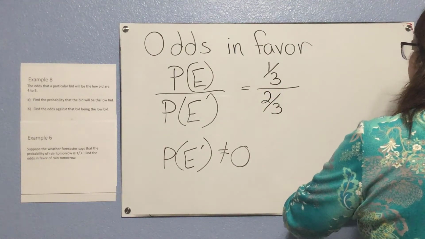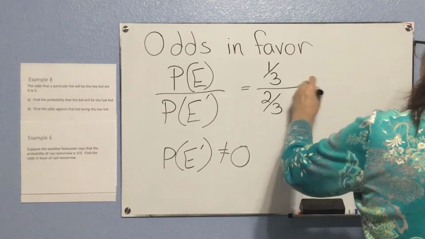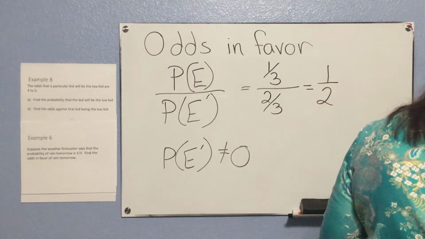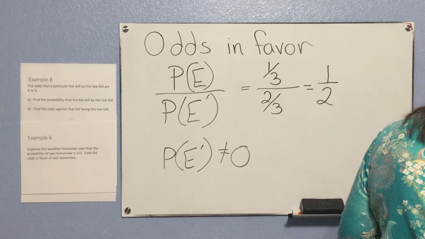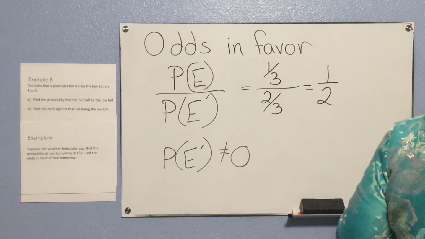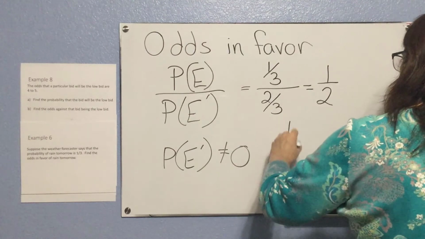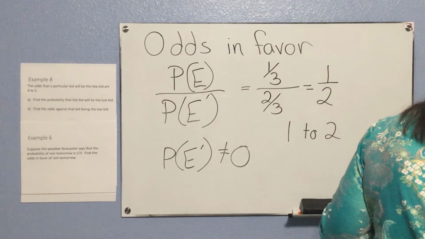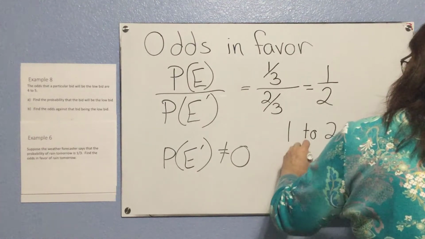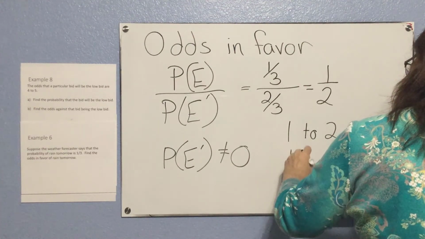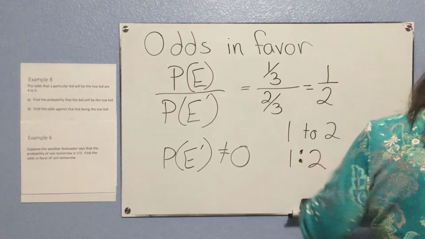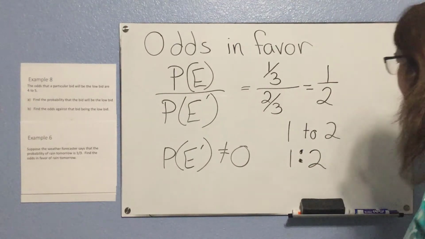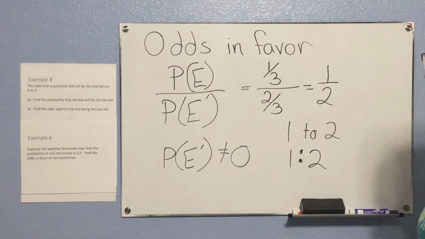So I can multiply both of those by 3 and get 1/2. And we would write this as 1 to 2, or with a colon, 1:2. So the odds in favor of rain are 1 to 2.